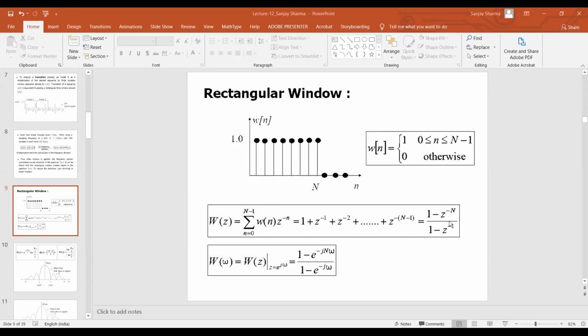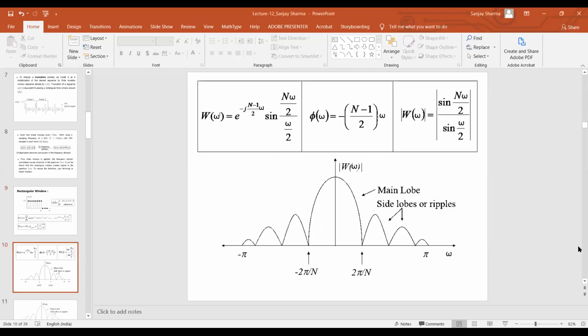Now if I want to take its frequency response, I will have to replace every z with e to the power j omega. So I do that and I get W of omega. That means I get the frequency response of this function, a rectangular window. This is my Fourier transform, or the frequency response.